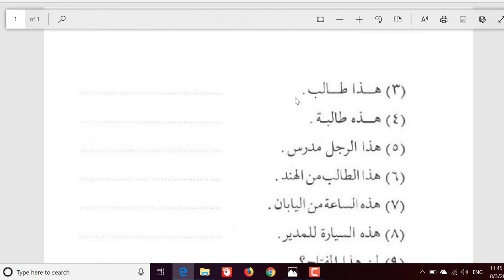Okay, we have more practice on the next page, which is page 103. Okay, so we'll do that together. Hada talib, that would become hadani talibani. Hadihi taliba, hatani talibatani.